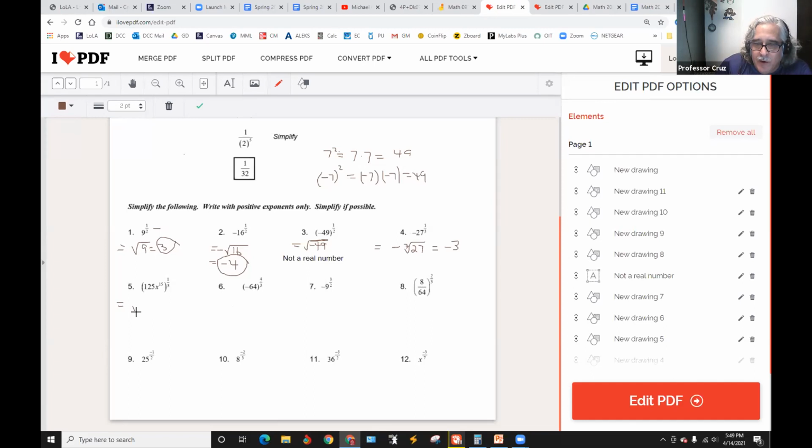So we're going to put everything underneath there, and that's another third root.